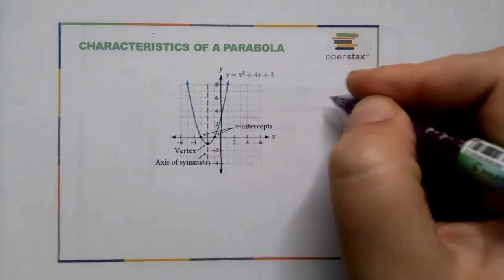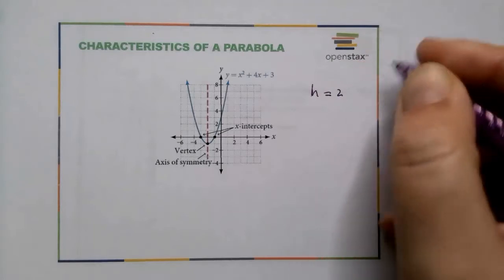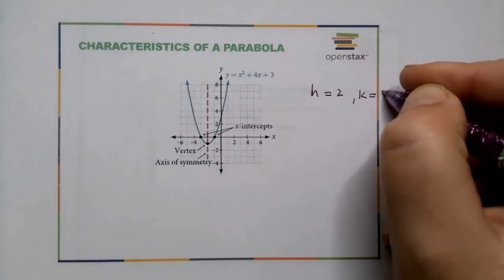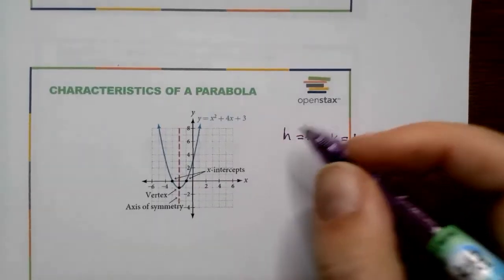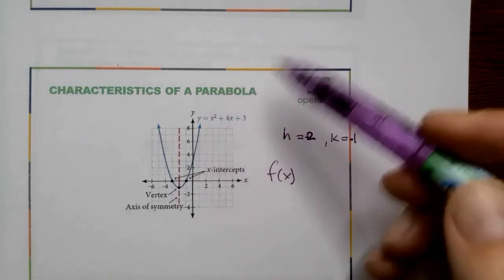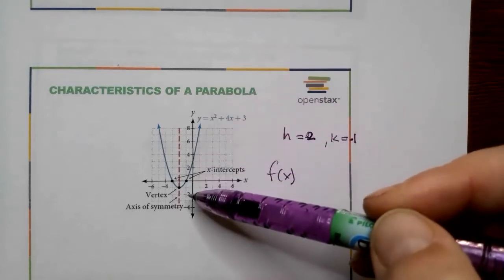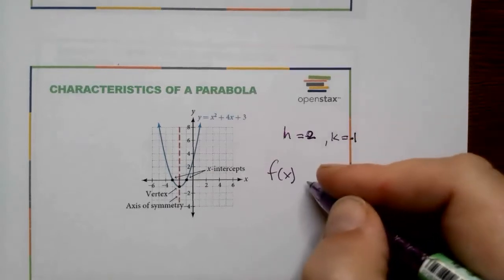So that will tell you that h equals 2 and k equals -1. For this formula, we still have to identify a, but I can tell that it is a 1, and I'll tell you how I can tell that later.